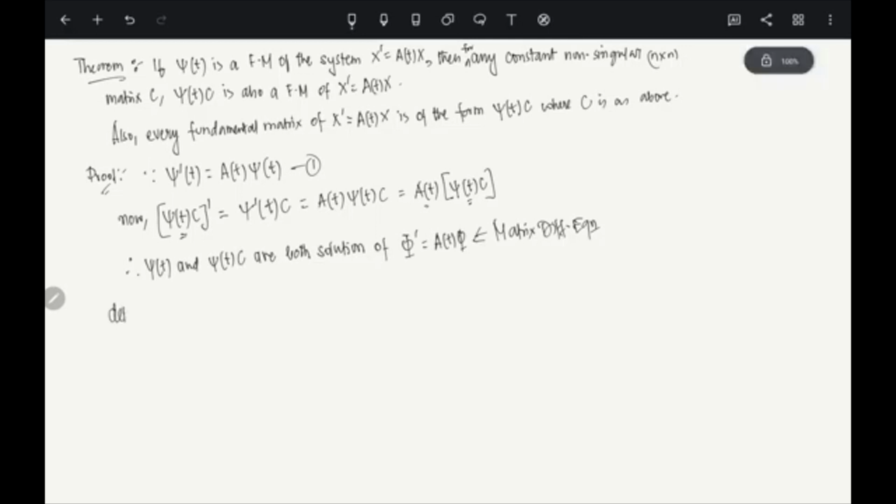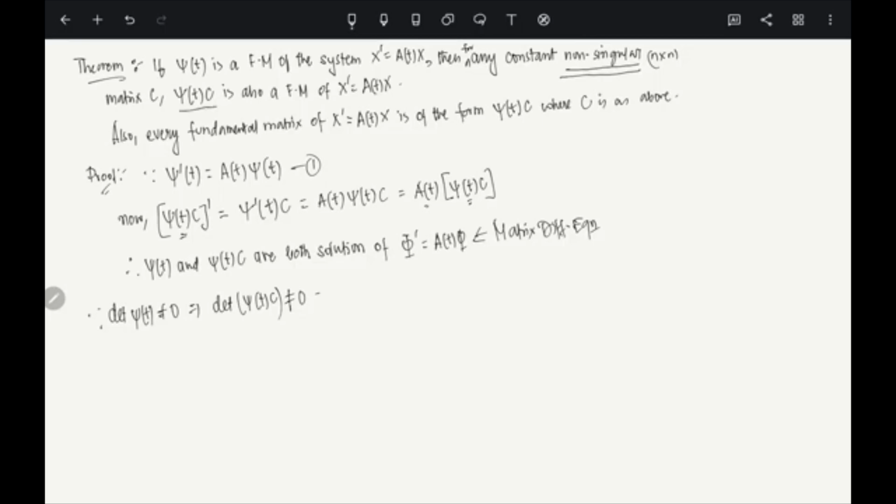Since determinant of phi of t is non-zero, because phi of t is given to be a fundamental matrix, and determinant of phi t times C is nothing but determinant of phi t times determinant of C, and since determinant of C is non-zero because C is a non-singular constant matrix, this is also going to be non-zero. So it's trivial, right? You can see that phi t times C is also a fundamental matrix.